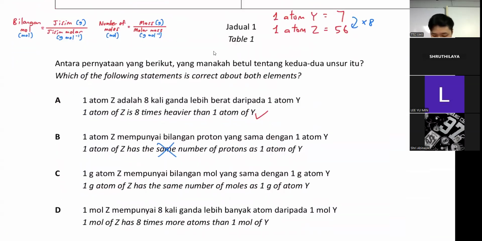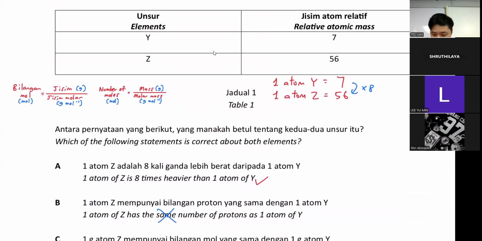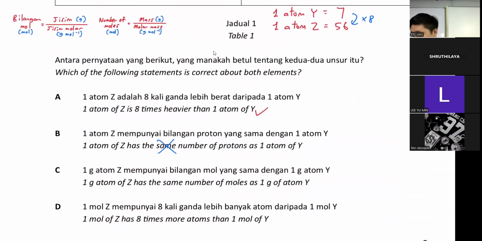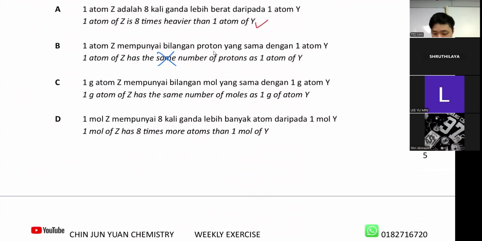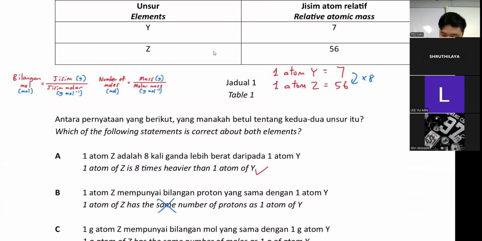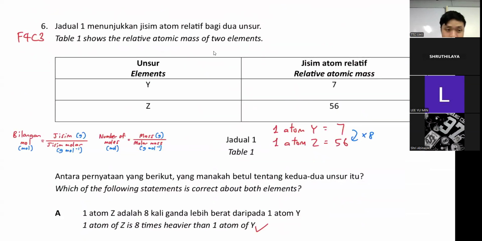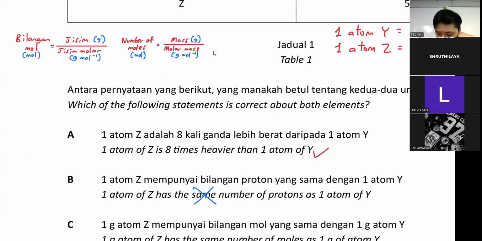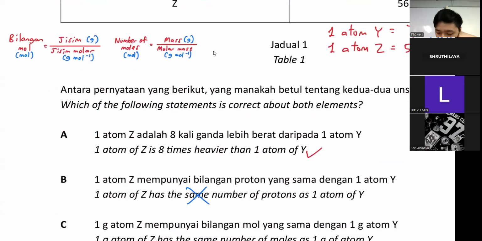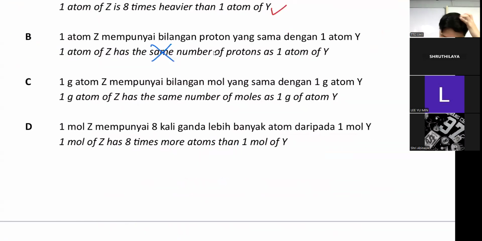Actually, D looks a bit correct. So let's check. Let's imagine this is 1 mole. Z is 1 mole. Y is also 1 mole. So for D, 8 times more atoms.